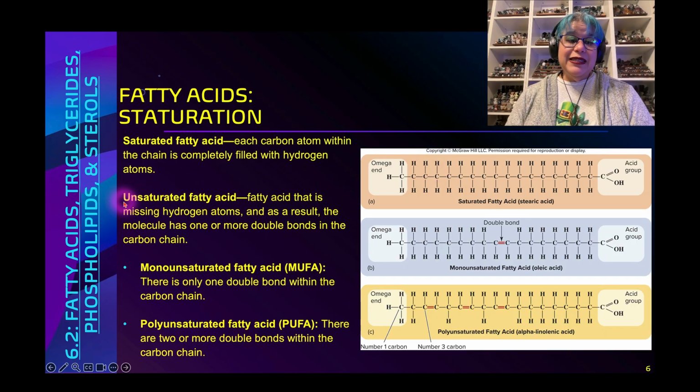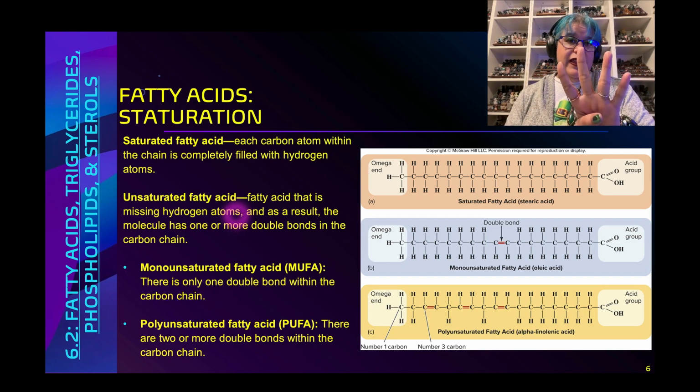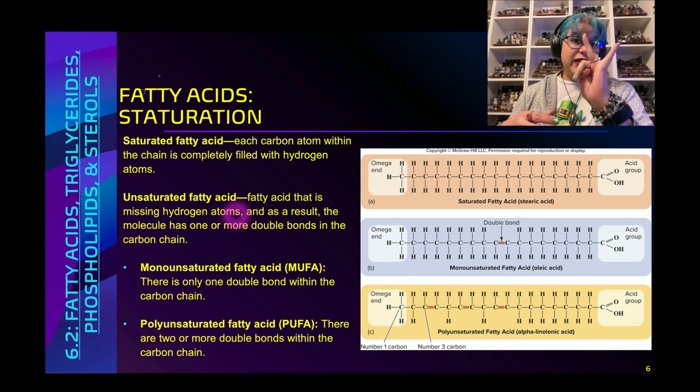When we say unsaturated, it means that my fatty acid chain is missing some of those hydrogens because the carbons in the chain will double bond to each other. So remember, I can bond with 4 things. If I bond twice with one thing, that only leaves 2 more bonds.